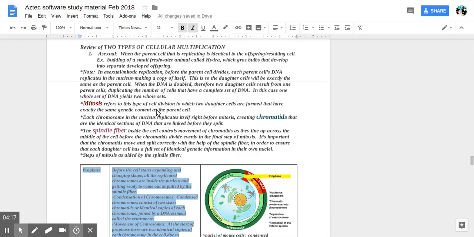Two types of cellular multiplication. So asexual is when the parent cell that is replicating is identical to the offspring or the resulting cell. So this is mitosis. One example of this is budding of a small freshwater animal called hydra.